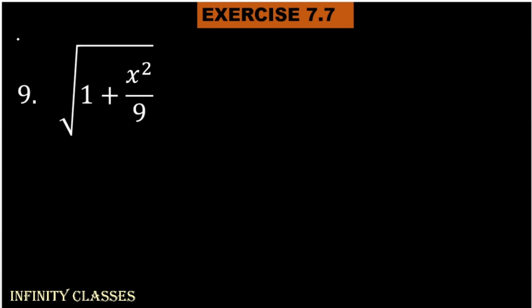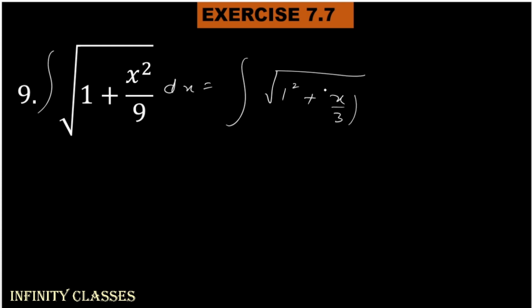A square minus x square. So we'll convert this into a standard formula. So 1 square, we can write 9 as 3 square. So this one is a square plus x square.